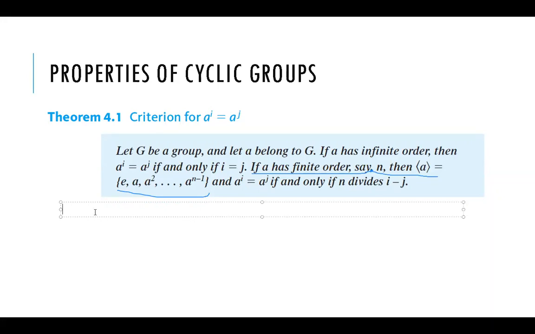So next, suppose that the order of A is n. We have a finite order element, so we will prove that the subgroup generated by A is this set.